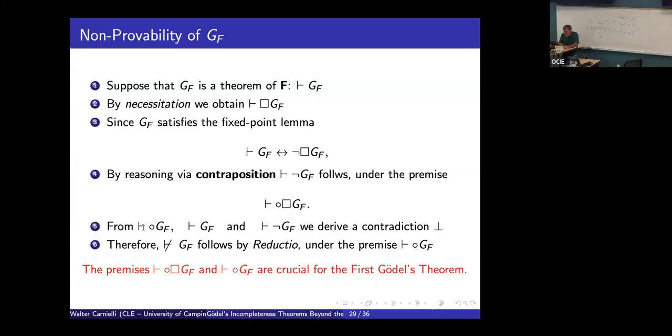Then, from this, the proof of G is acceptable, is regular. G is provable. And from this I derive a contradiction. From this contradiction, I apply reductio ad absurdum, and because I have this premise, I obtain G is not provable. So, assuming that box G is consistent and G is consistent, at least these two things, I recover the first Gödel theorem.